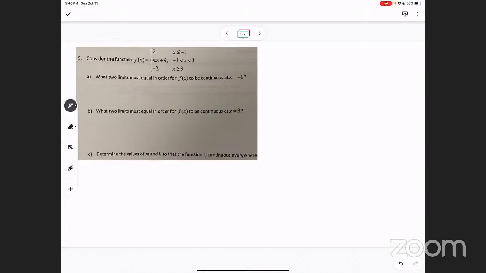It's the left-handed and the right-handed limit. So it's the limit as x goes to -1 from the left of f of x, and the limit as x goes to -1 from the right of f of x. Those are the 2 limits that must be equal to each other.